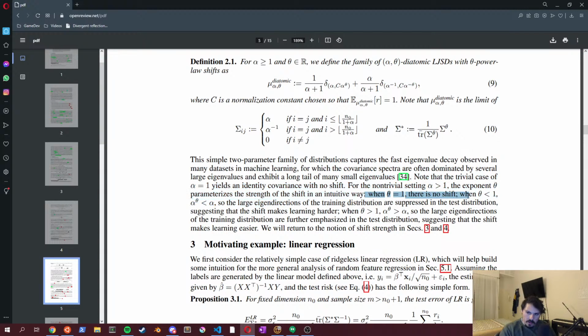When theta equals 1, there is no shift. When theta is less than 1, alpha to the theta is less than alpha, so the large eigendirections of the training distribution are suppressed in the test distribution, suggesting that the shift makes learning harder. When theta is greater than 1, alpha to the theta is greater than alpha, so large eigendirections of the training distribution are further emphasized in the test distribution, suggesting that the shift makes learning easier.